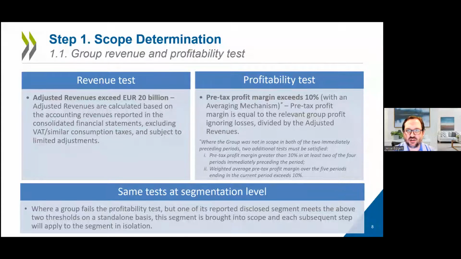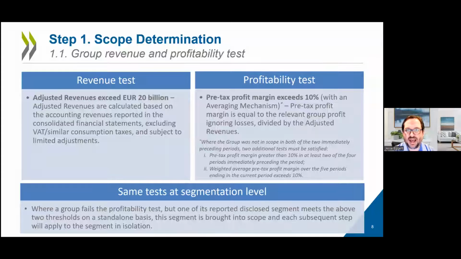We say here 20 billion euros is the threshold. That is the threshold when the MLC starts to function. After 7 years, there will be a review process that will ultimately lower that 20 billion euro threshold to 10 billion euros, assuming that the MLC has been implemented successfully at the end of that 7-year period.